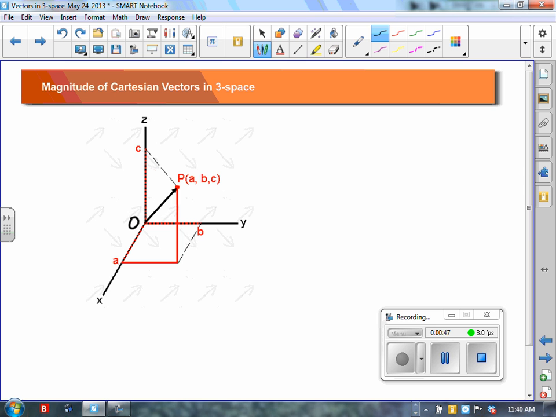We'll label this as O. The endpoint, which we have here, that is point P, has coordinates A, B, and C. This is not a vector notation for a Cartesian vector, but rather the endpoint. So as not to confuse or mix the notations for the endpoints with vector notations, we're going to denote some other vectors here.